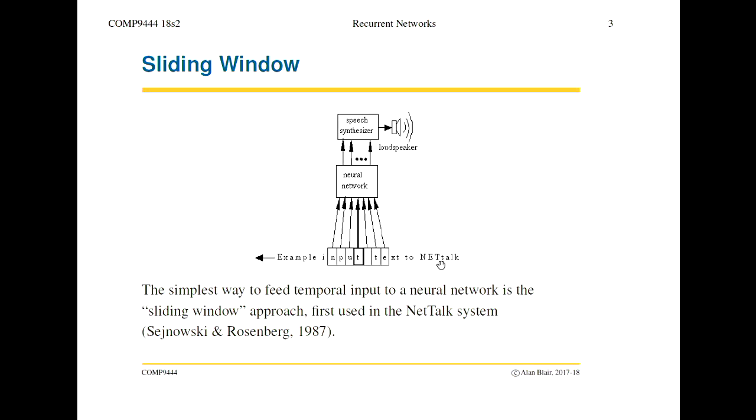The system that these guys came up with, Sejnowski and Rosenberg in 1987, was a sliding window approach. The neural network itself has basically the same kind of architecture we were talking about before, a two-layer neural network with a hidden layer. But the interesting thing is the way it dealt with this time sequence.